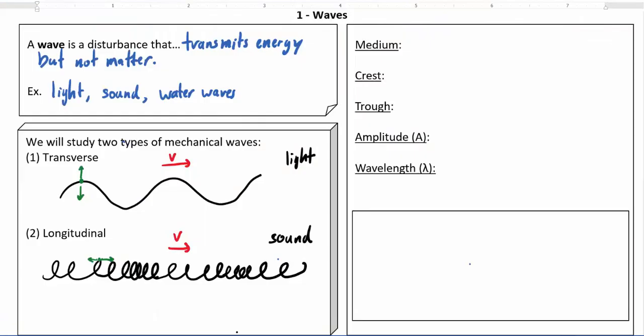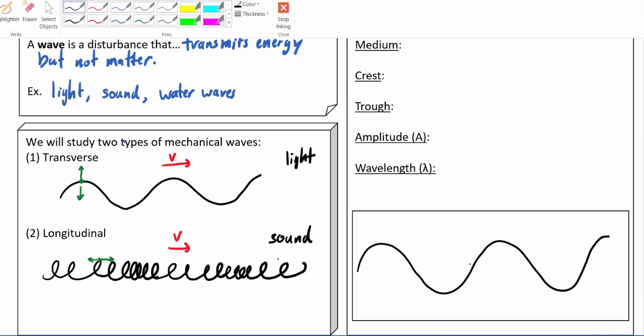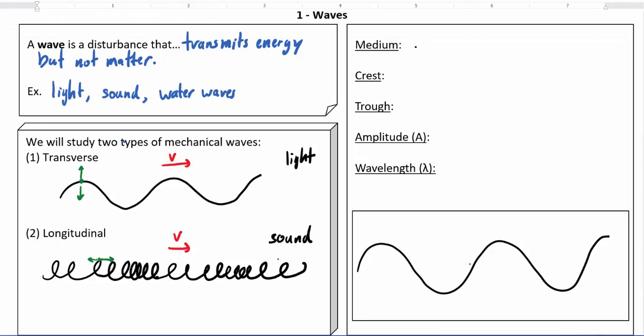Now, if we take a look at that kind of wave, there's a whole bunch of different properties, or quantities, that we're going to look at. If we draw out a wave, and these are true for both transverse and longitudinal waves, but I'm just going to draw a transverse wave to use as my model. The first thing here is the medium.